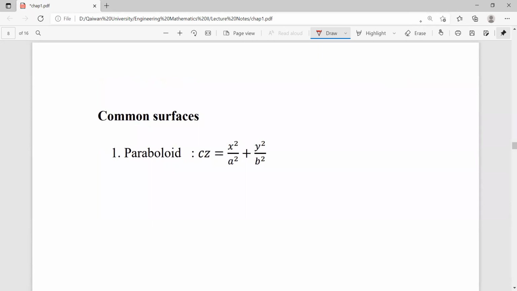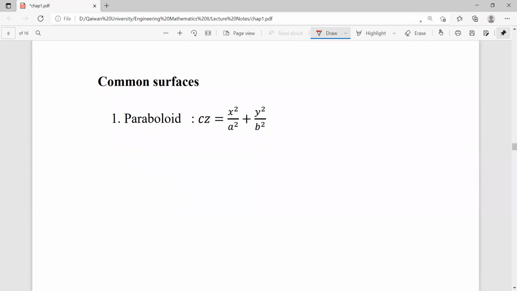Now we have some common surfaces. The first one is cz equals x squared over a squared plus y squared over b squared.